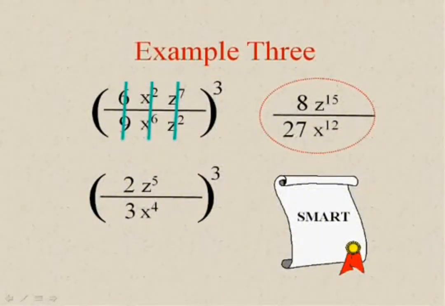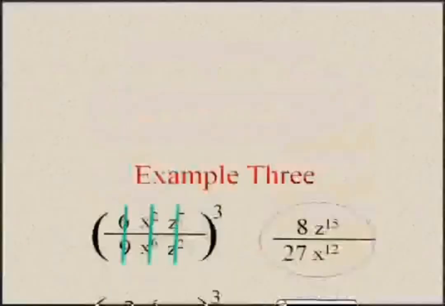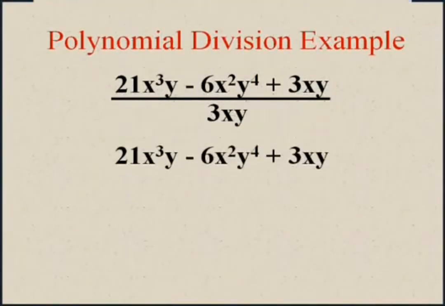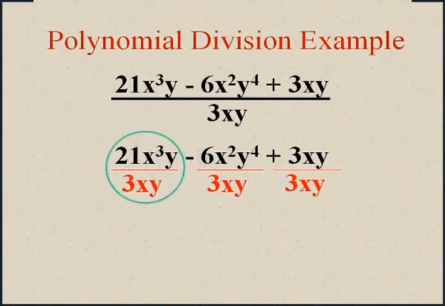Now, they may bunch these together into one problem, something like this. But I want you to understand that it really is 3 little problems. And then I just do them separately. This one, 21 divided by 3 is 7.